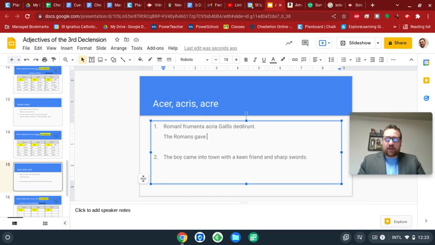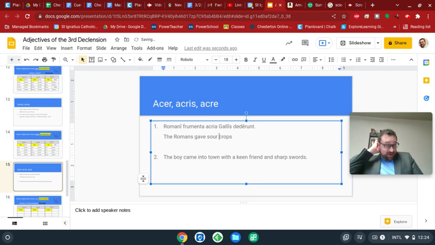So is it gave grain or is it gave crops? Crops, because it's plural. So gave crops. What kind of crops? There's an adjective that's describing crops. Okay, it also has a neuter ending, and it's acria. So gave sour crops. Ooh, sour crops.